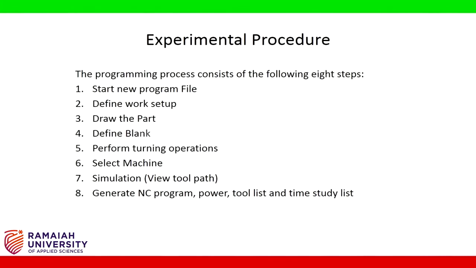Experimental procedure. The CAPSturn programming process consists of the following 8 steps: start new program file, define work setup, draw the part, define blank, perform machining operations, select machine, simulation, generate NC program, power graph, tool list and time study list.